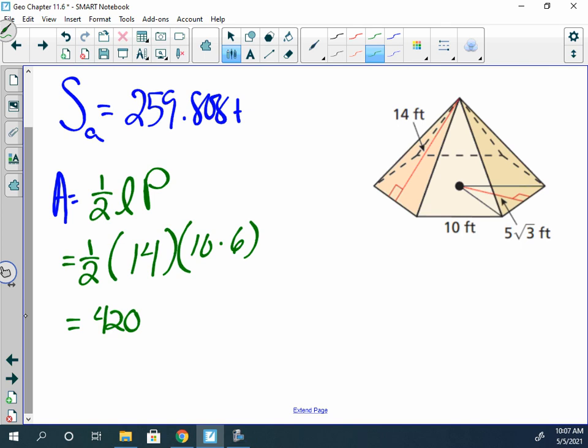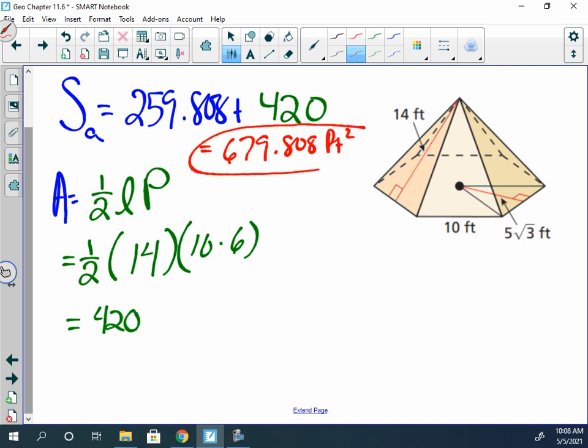Is that what y'all got? So 14 times 10 times 6 times 1/2. Yep. And that would give us the area of all the faces. So if I want to know the overall surface area, we just have to combine these two, which would give us 679.808, and it would be feet squared.